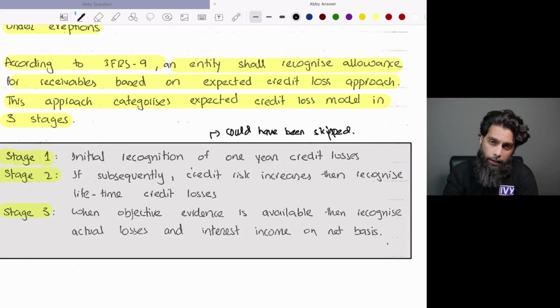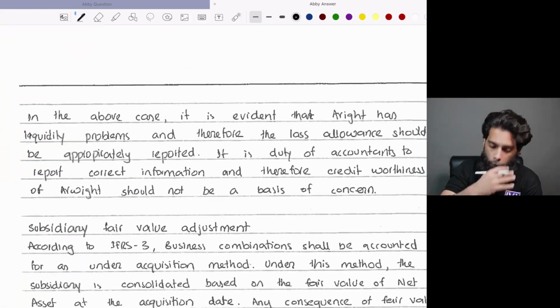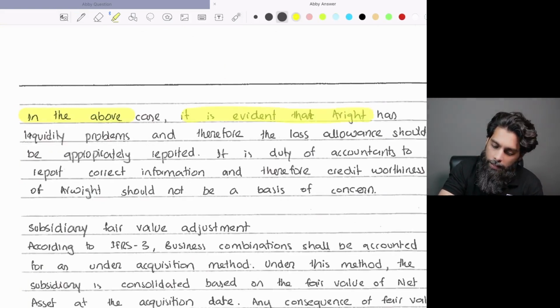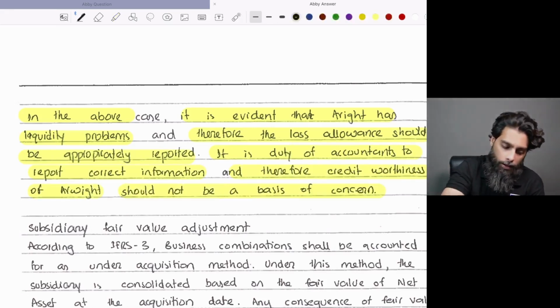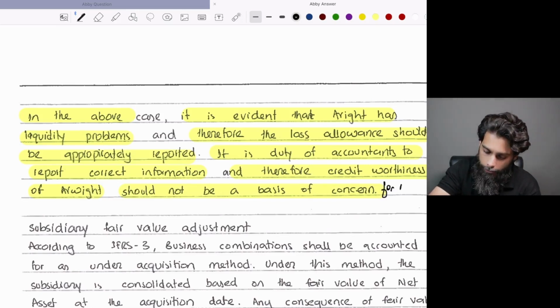You could have ignored this stage 1, stage 2, stage 3 approach. In the above case, it is evident that R White has liquidity problems and therefore the loss allowance should be appropriately reported. It should be done. It is the duty of accountants to report correct information and therefore creditworthiness of R White should not be a basis of concern for ABI.